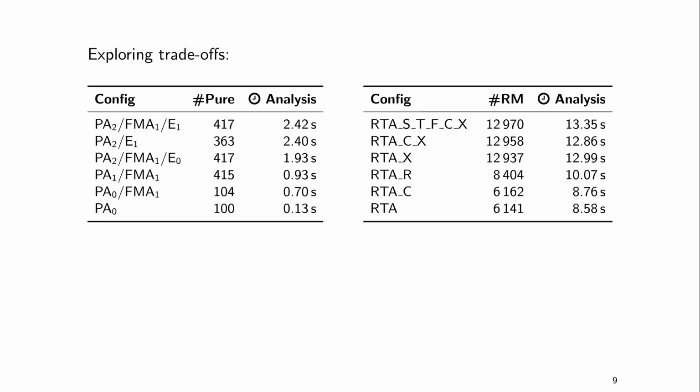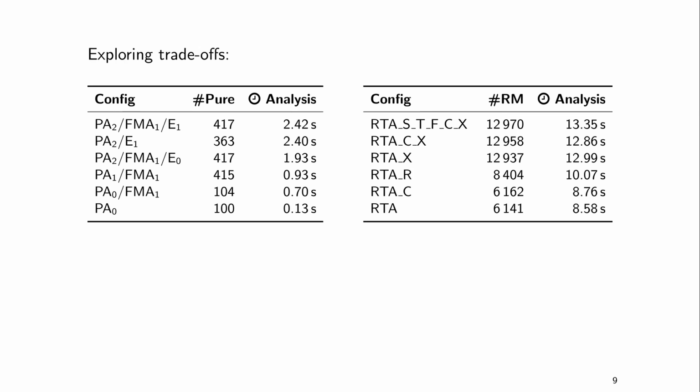While more precise analyses clearly find a larger number of pure methods, this comes at the expense of significantly more computation time. However, almost all of the additional precision can be achieved with a configuration that is, in theory, less precise, but is more than 2 times faster.